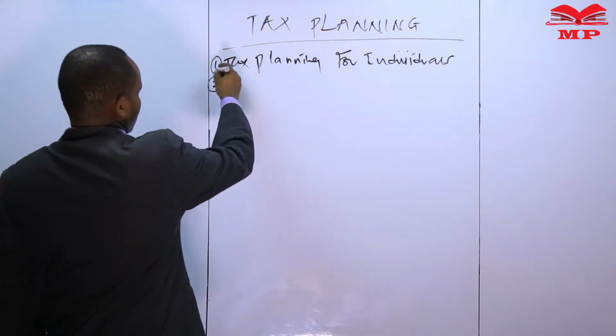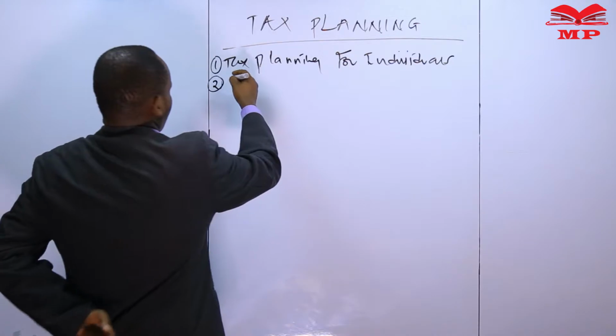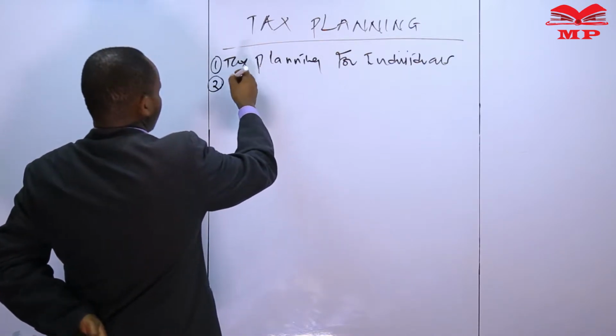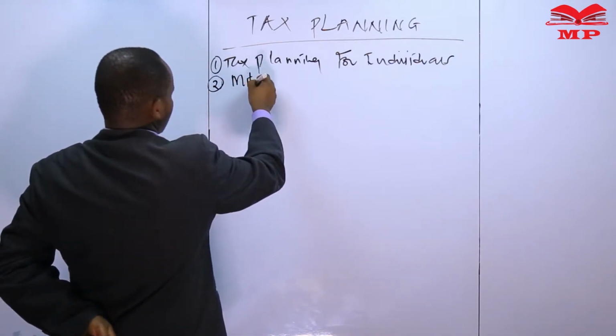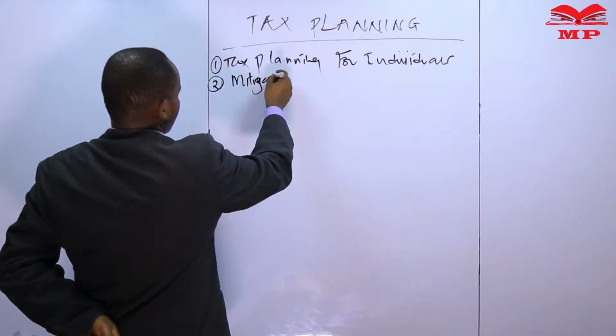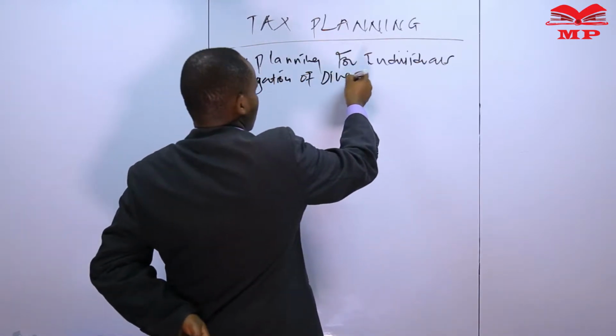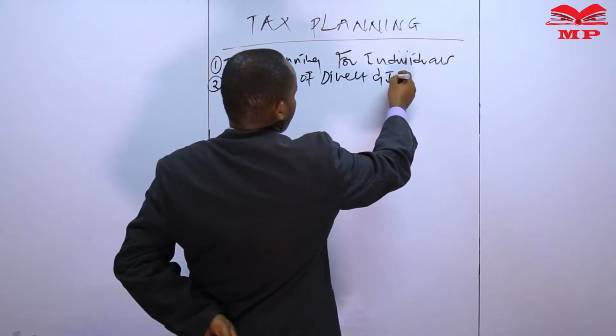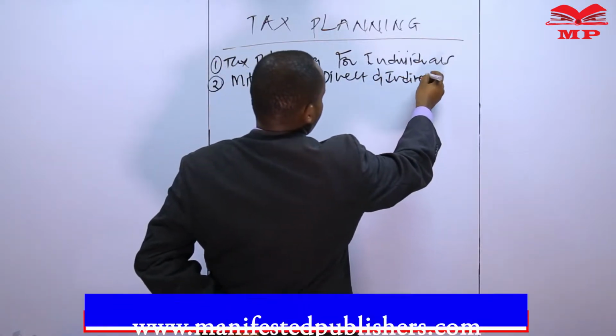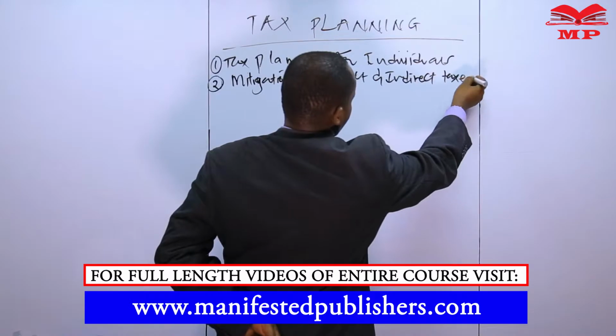Number 2, we are going to look at mitigation of direct and indirect taxes.